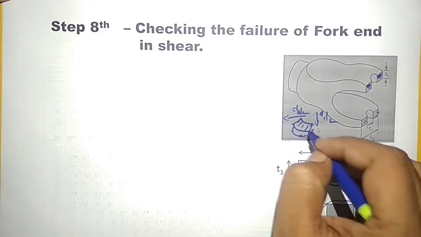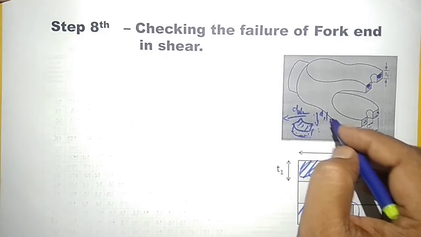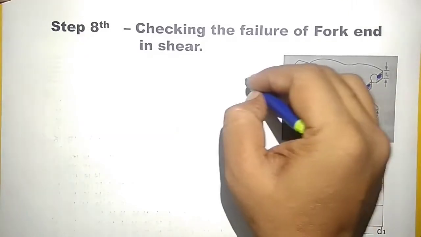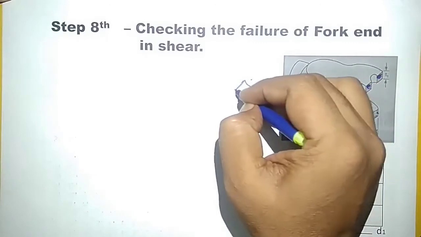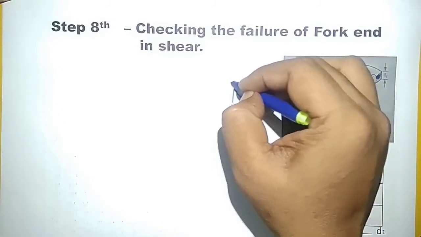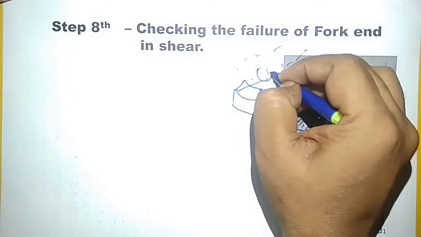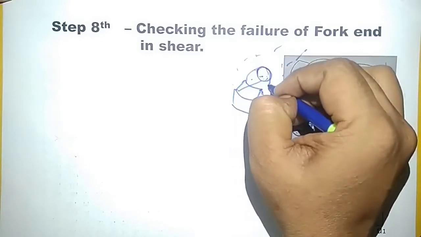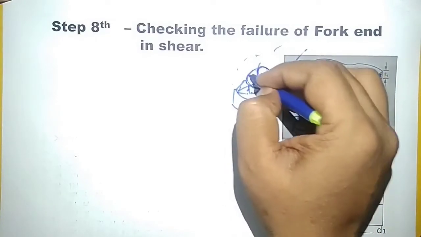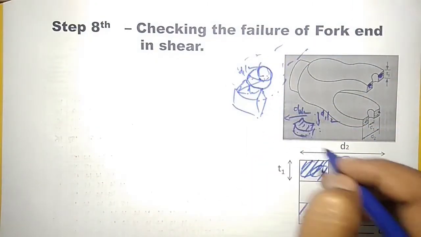This piece of the fork end will be broken out, so we have to consider that area only.